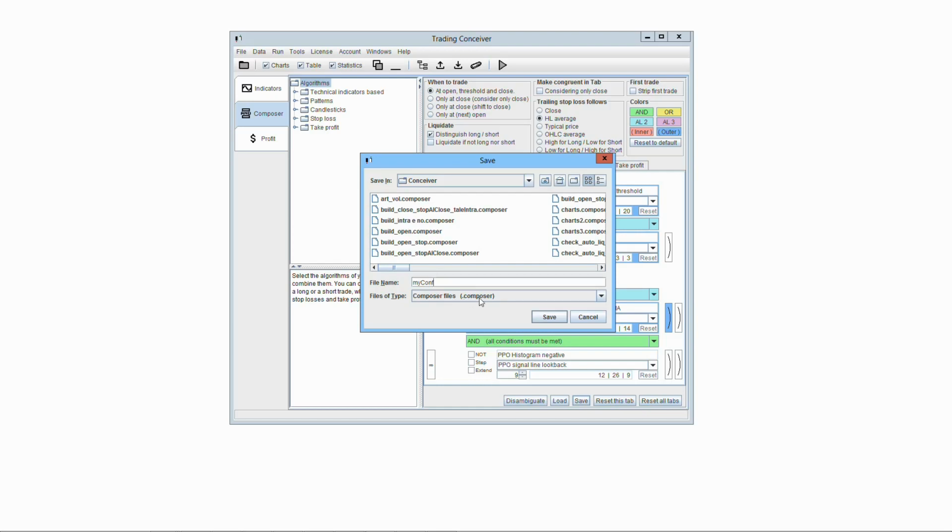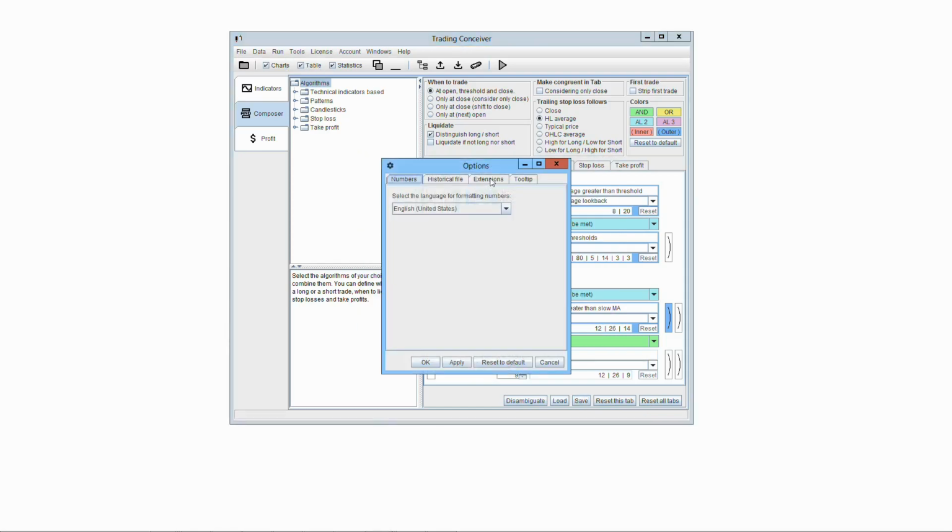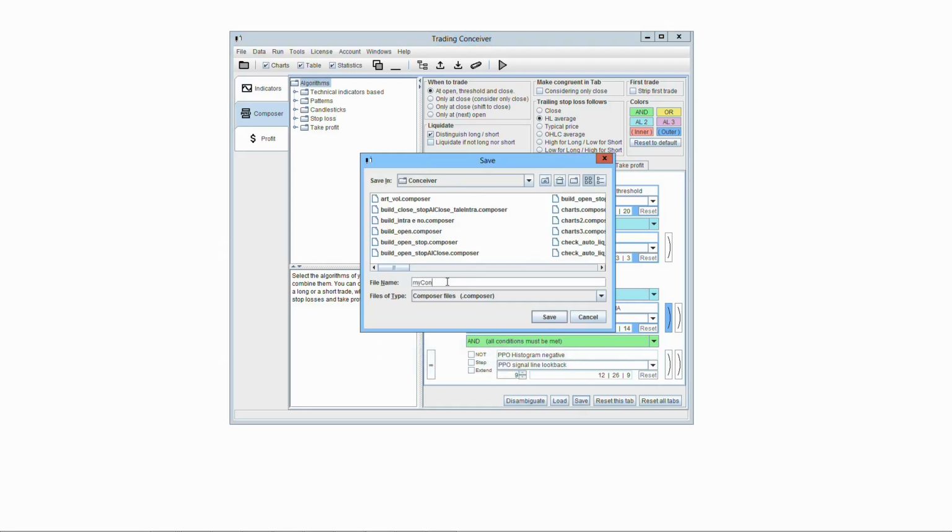By default, the file extension is .composer, but you can customize it in Tools, Options, Extensions. Only files with such an extension are shown. To see all the files, regardless of the extension, in the pop-up window, select Files of type All Files. To confirm saving, press the Save button in the pop-up window.